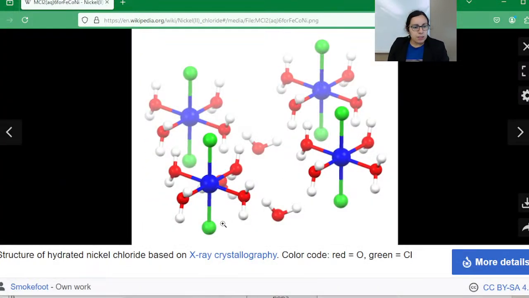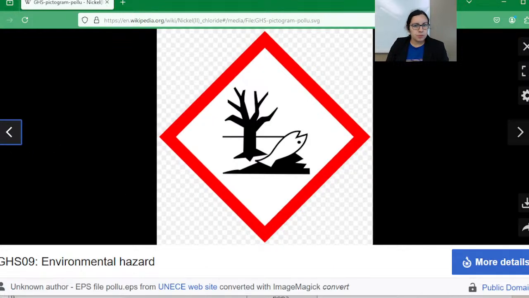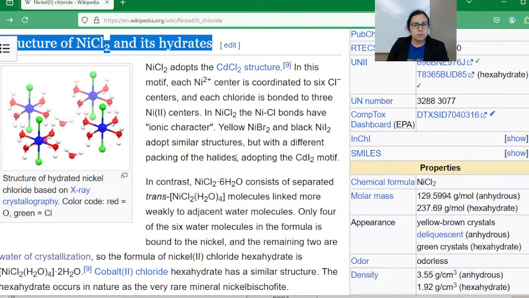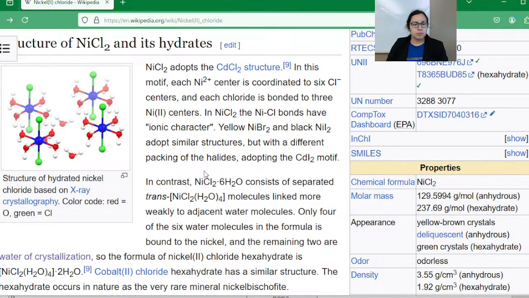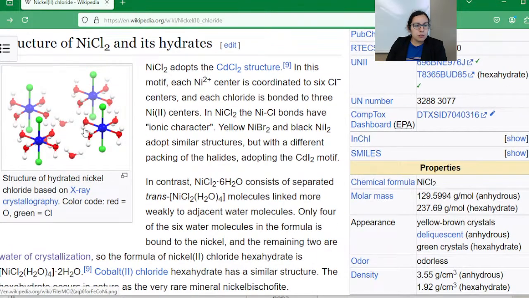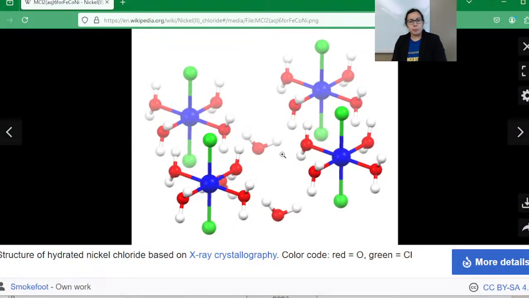It should be 6 of them. I'm trying to find where the 6 waters are. This is interesting because this is the true structure of the nickel chloride hexahydrate.